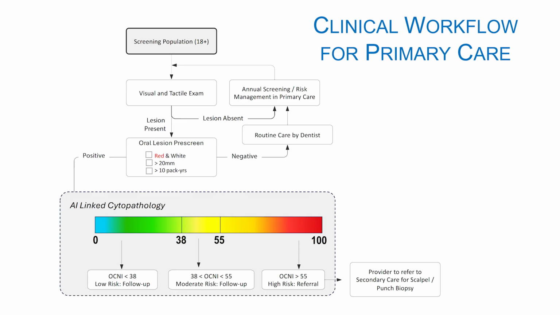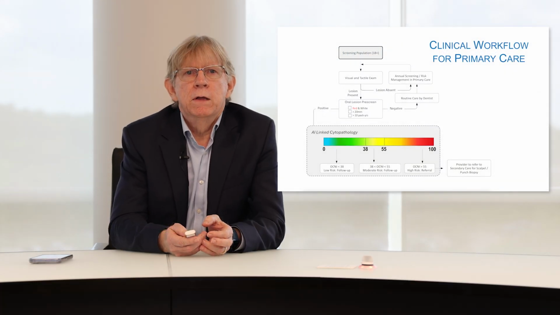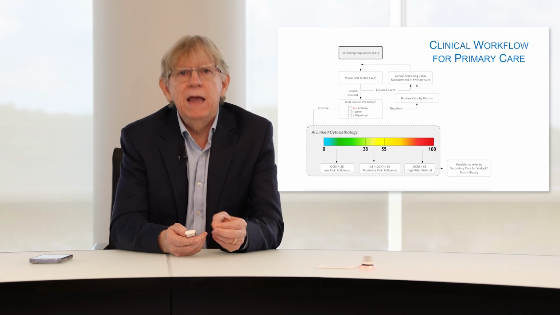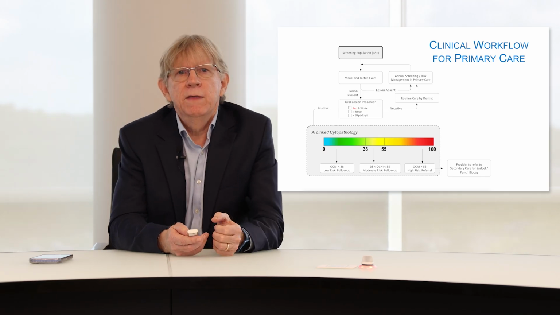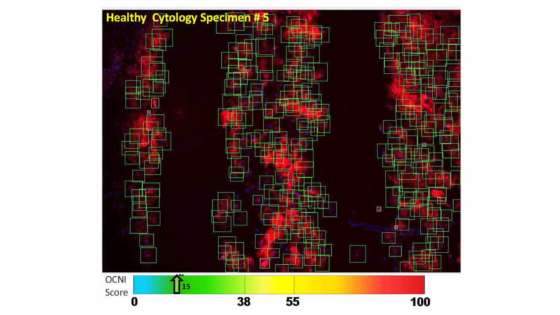If one of those 3 boxes is checked, that patient is at elevated risk, and it warrants going to the oral AI-linked cytology test that I'm featuring here today, and that then brings in that OCNI score, which has these 3 ranges.